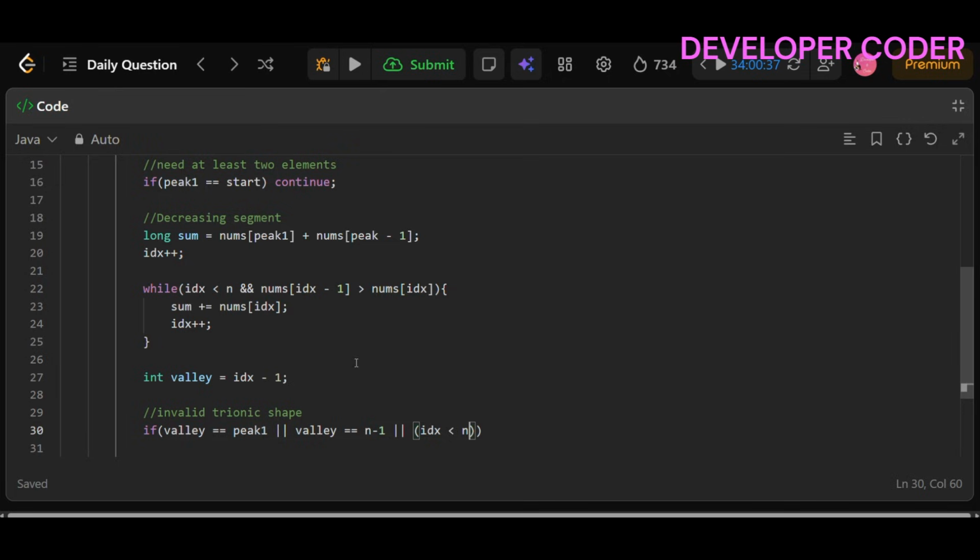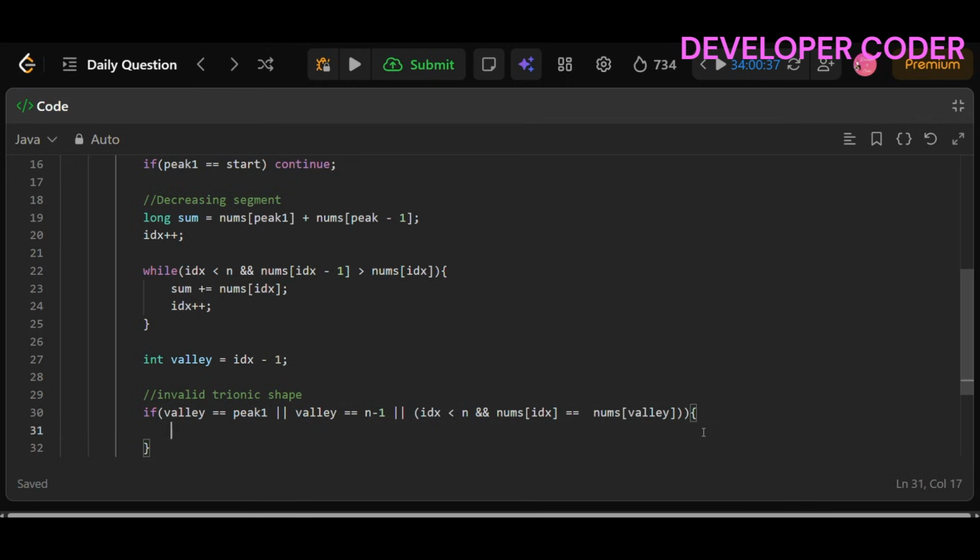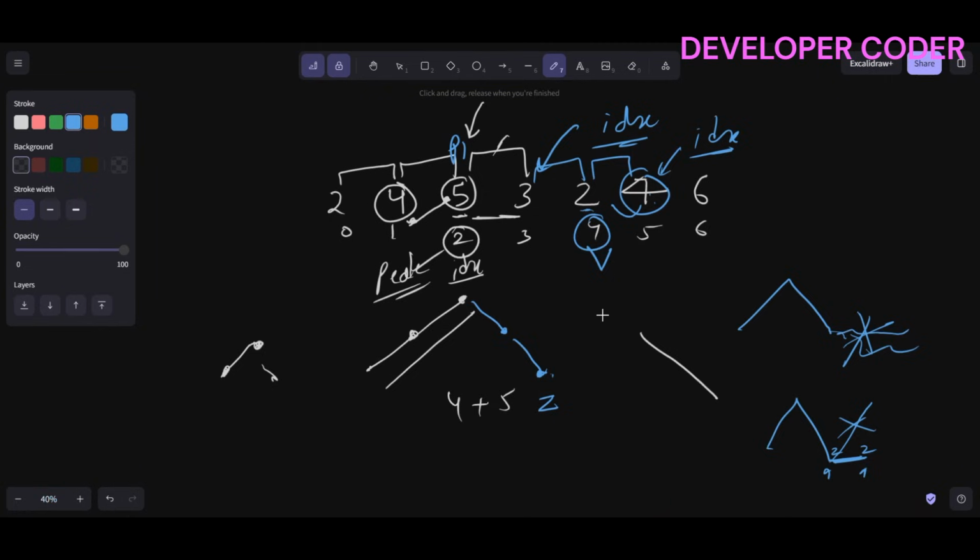And here I will add one more condition: idx is less than n. My idx is already moved forward, so idx is less than n, and if nums of idx is equal to, same as, nums of value, which is nothing but idx minus 1 as of now, right? So if this is the case, then in that case what I will do is just make my start this value point.